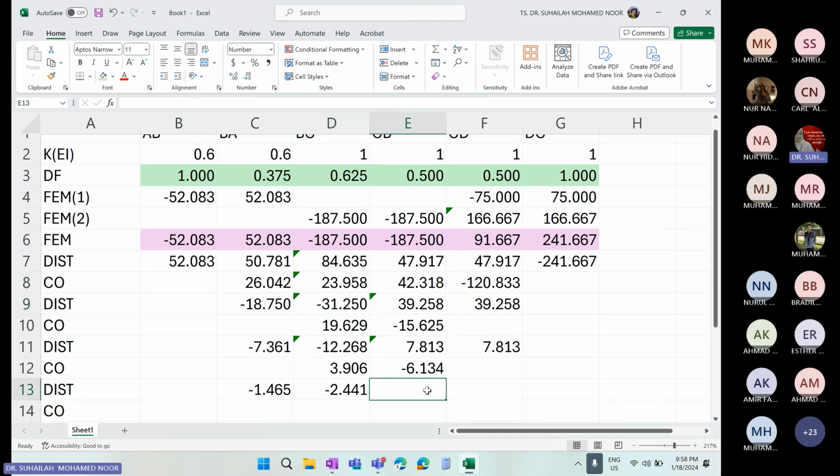Okay, so distribution, negative. Joint moment times with factor.